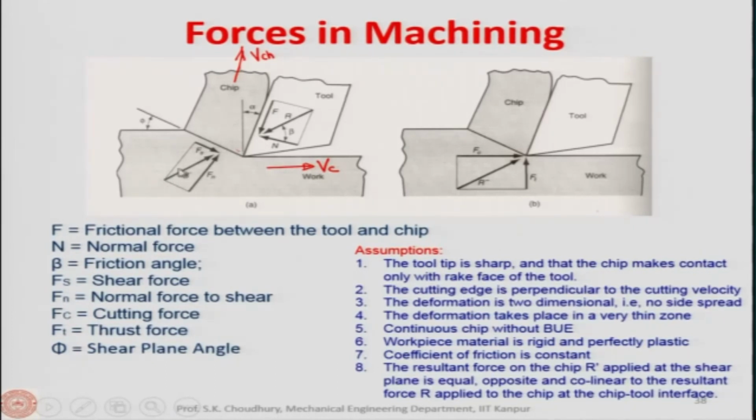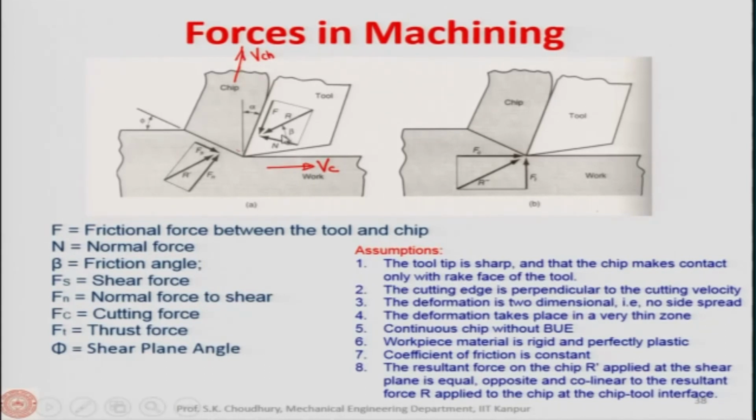R and R prime have to be equal, opposite, and collinear. So, their sum is 0. Then only the chip, being a rigid body, can move along the rake face of the tool with a constant velocity Vch.